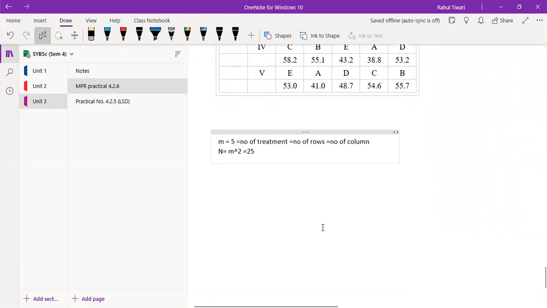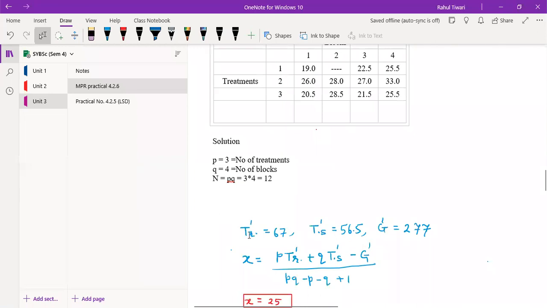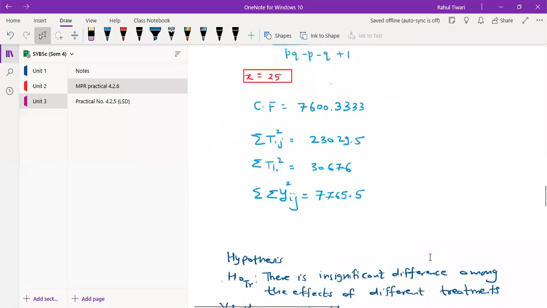So what you are writing is T dash, R dash.